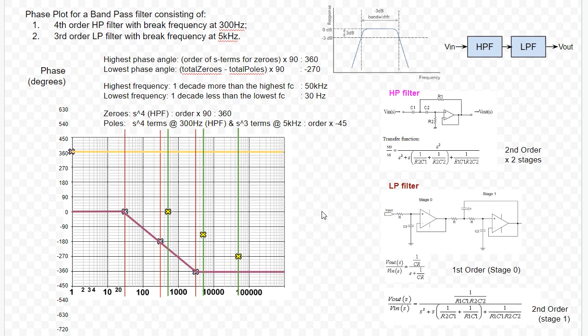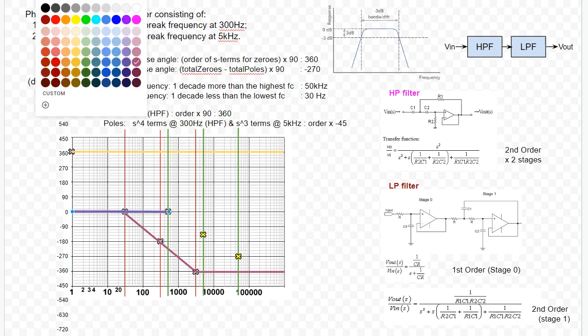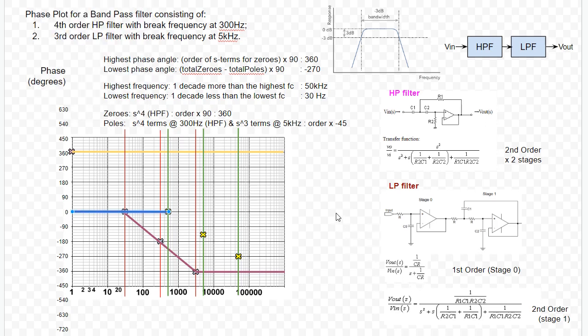So then again, you sketch the line to go from the beginning until here. So it starts at 0 and it goes around until here. Let me change the color to this color. All right, and then the slope comes down to here.